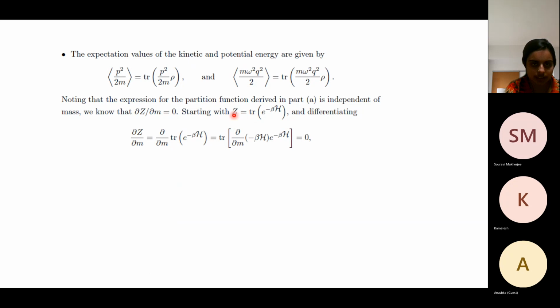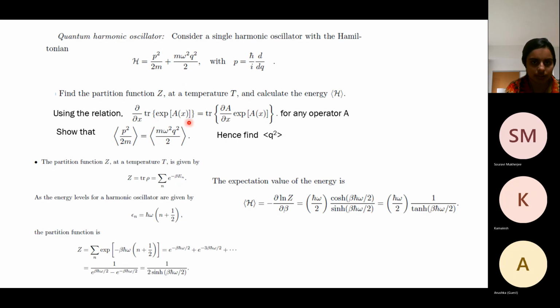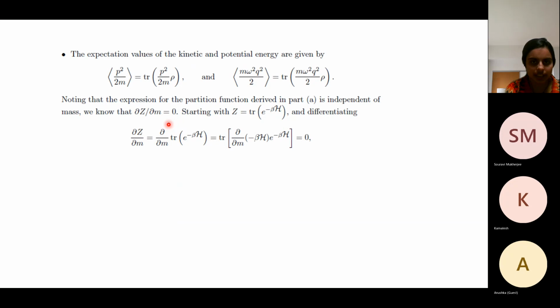So if you start with this expression for Z and differentiate with respect to m, this should be equal to 0. So that means del m of trace of e to the power minus beta H is equal to 0. Then, using the relation given here, we can take the trace out.